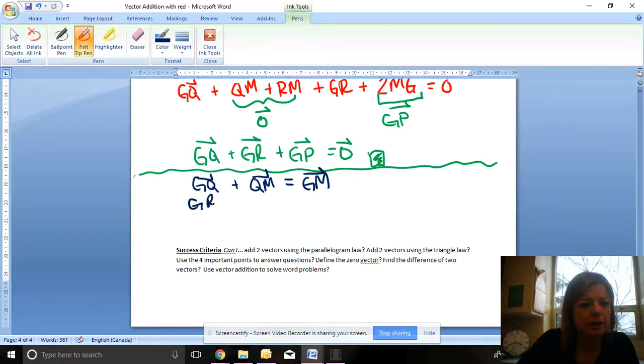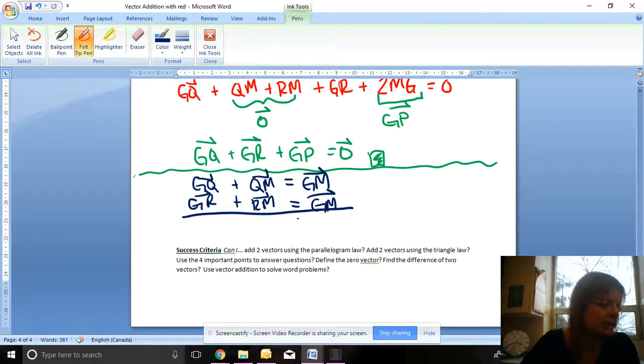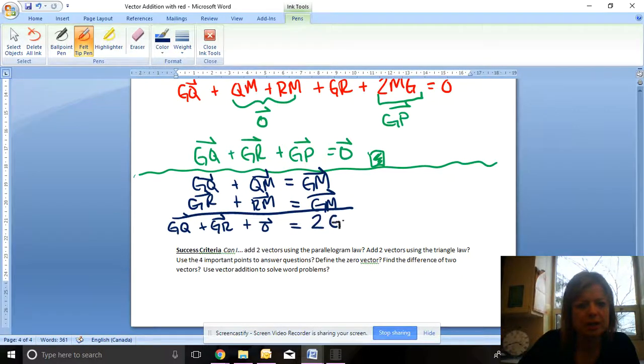But GR plus RM is also equal to the vector GM. So we can do a summation here and show that GQ plus GR, and now QM and RM sum to zero, so the zero vector is equal to 2 GMs.